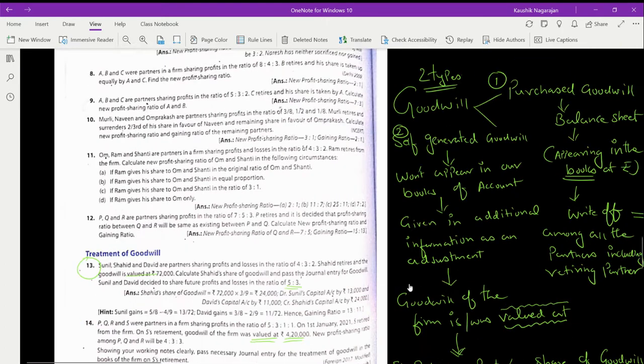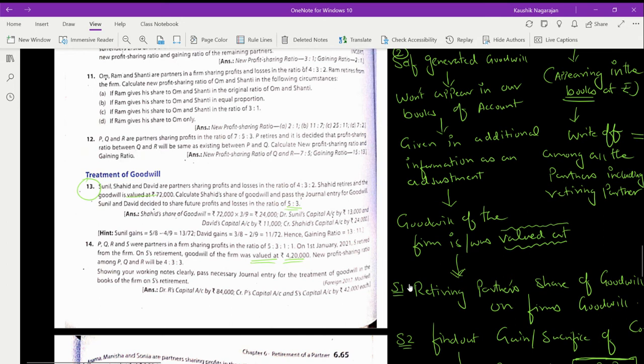So we have done the workings, shown our working notes clearly, and passed the necessary journal entry for the treatment of goodwill. So this is another pattern whereby if any of your continuing partners is gaining, then he should be debited, and if any continuing partner is sacrificing, then he should be credited. Am I making sense?